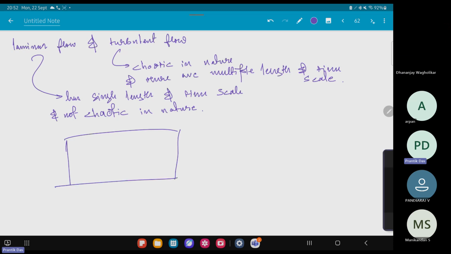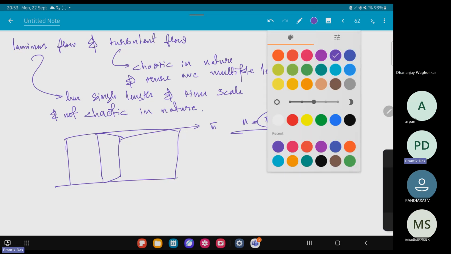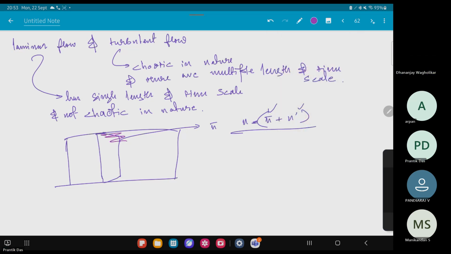For example, take turbulent flow through a pipe. If I plot the average velocity, it will be somewhat like this. But if I plot the instantaneous velocity, which is the sum of the average velocity and the fluctuating component, I will see fluctuations like this.